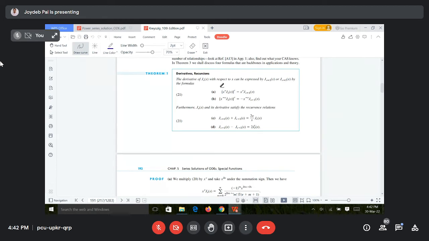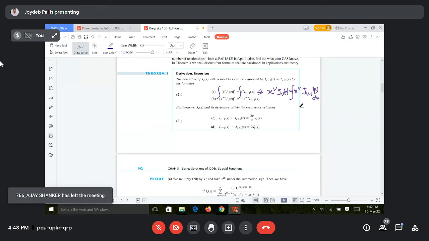Do you get it or not? I am taking integration on both sides. After taking integration, the left side will be x to the power nu J nu x, and the right side will be in that form, x to the power nu J nu minus 1 x dx. And since we are integrating, we are taking an arbitrary constant.